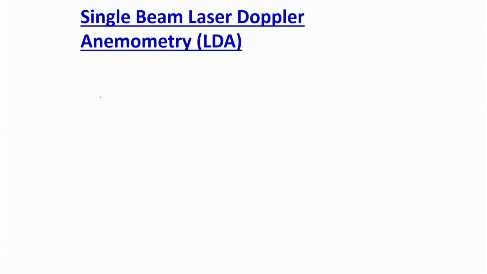So, what you do? You have a light source, say this is the light source, and you use a lens and focus this light on a certain location.